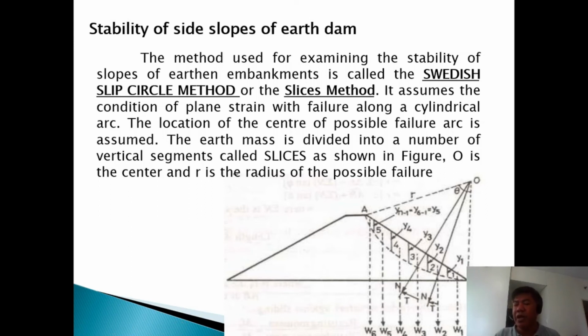If you have a protractor or any device to draw a circle, the arc that will touch the dam will be the critical slip surface, right?